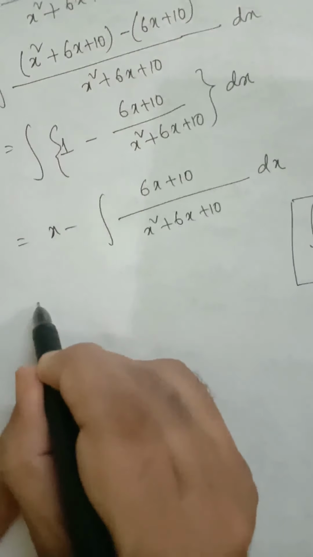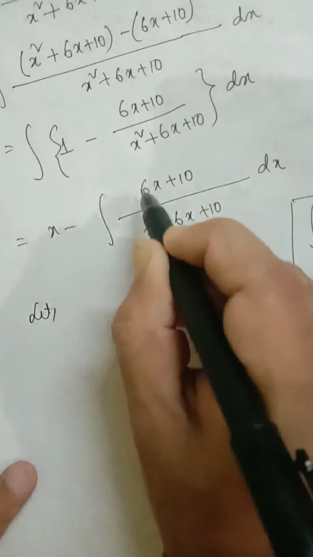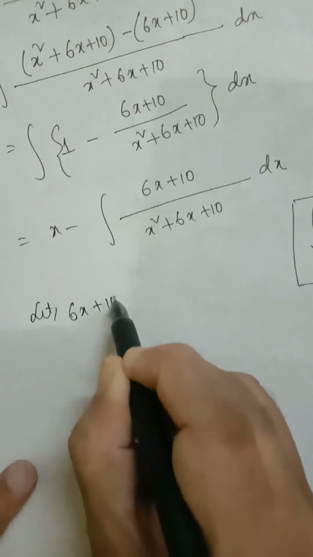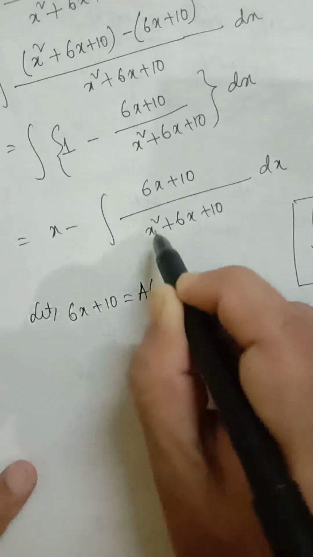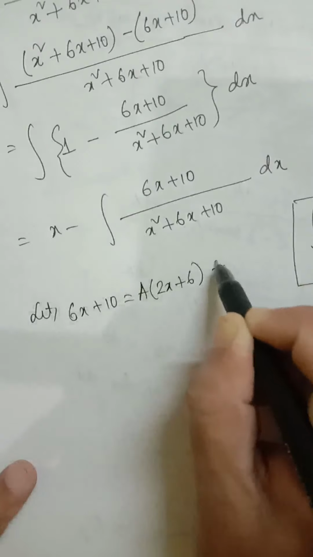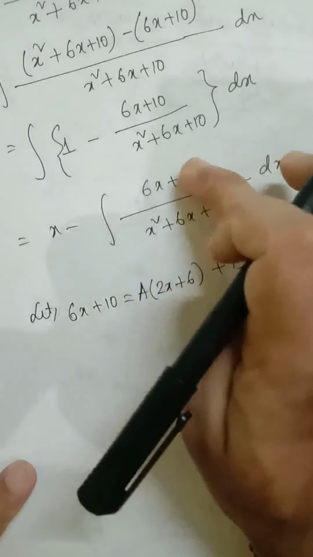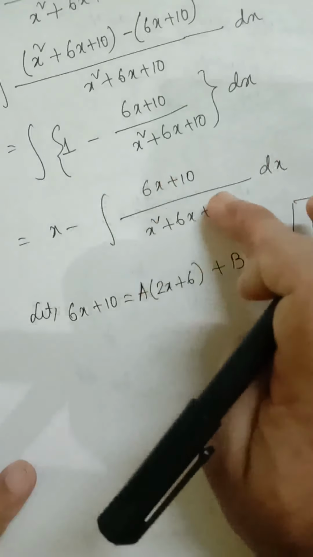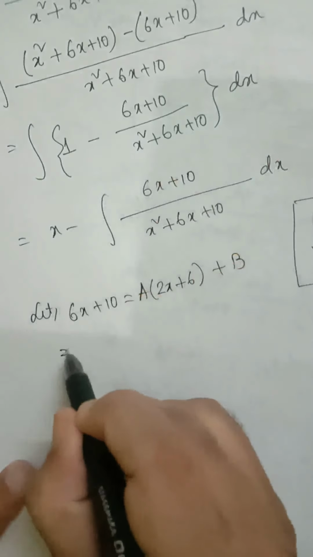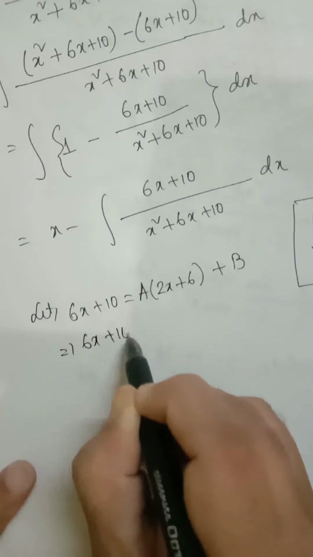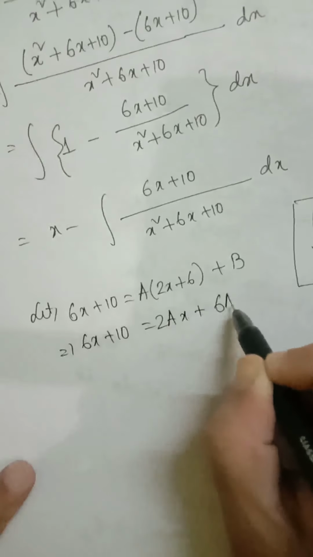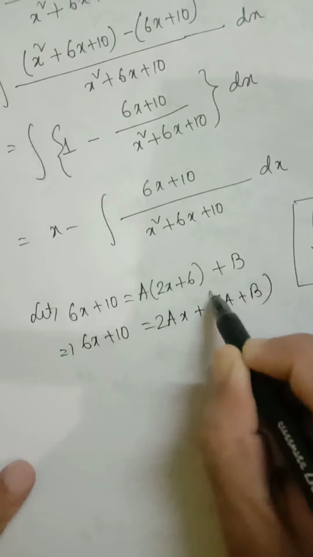What we will do, we will write the numerator 6x plus 10 equal to a into the derivative of the denominator, which is 2x plus 6, plus b. Now we will find a and b. 6x plus 10 equal to 2ax plus 6a plus b.